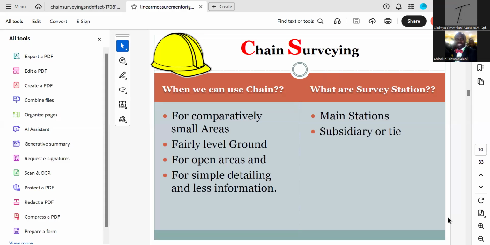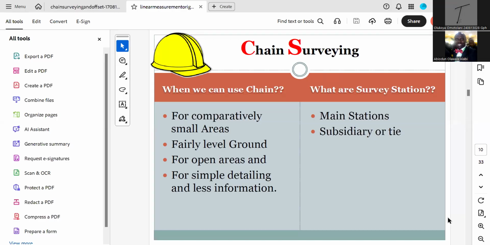Now, another one is when the location or the area is fairly level ground, that is, it is relatively flat. There are no undulations. If the location is relatively flat or fairly level ground, you can deploy chain surveying. Also for open areas and for simple detailing and less information, as I've said, where we carry out chain survey, we must have few details.